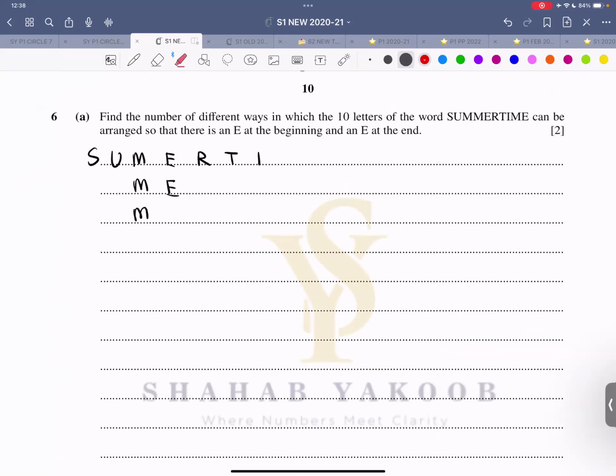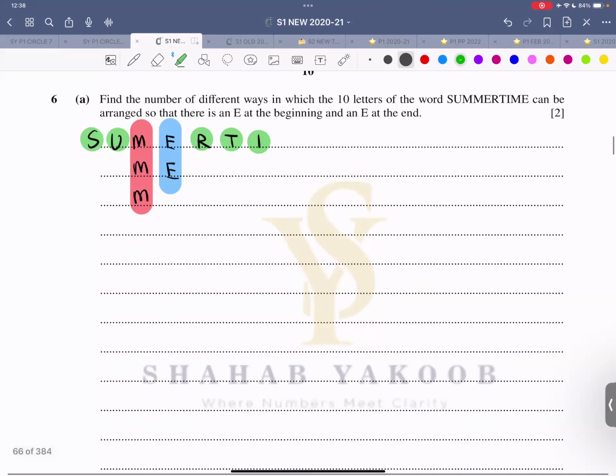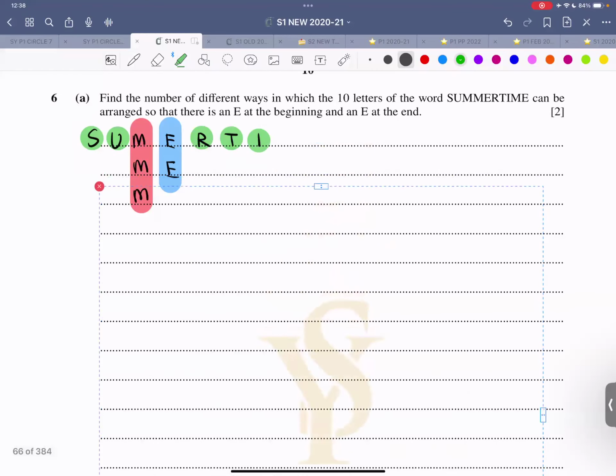So that's also coming your way once you're done with your exams. So 3 M's, 2 E's, and then we have S, U, R, T, I. Find the number of different ways in which 10 letters can be arranged so that there is an E at the beginning and E at the end.